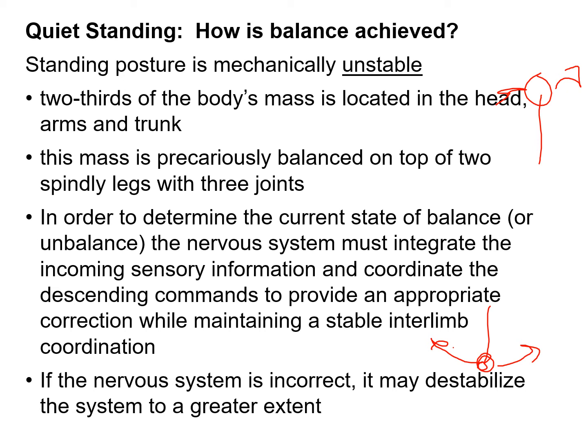So in order to determine the current state of balance or unbalance, the nervous system, your CNS and peripheral nervous system, must integrate the incoming sensory information from proprioception, visual information, and any sort of vestibular input, when we're looking at the inner ear, and coordinate the descending commands to provide an appropriate correction while maintaining stable interlimb coordination.